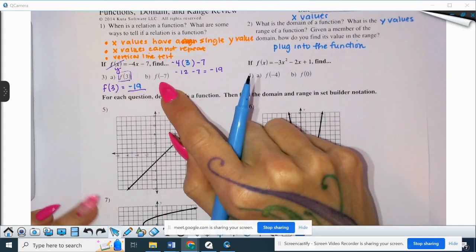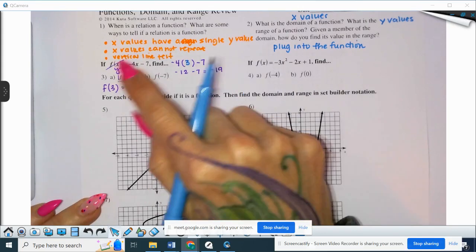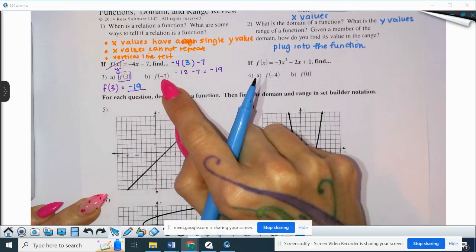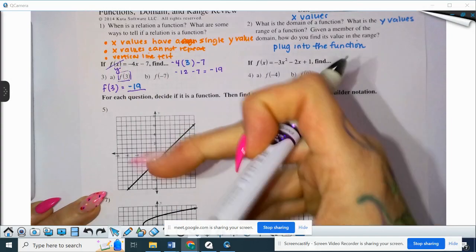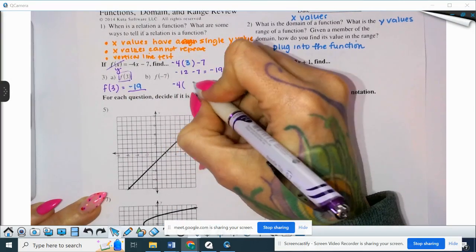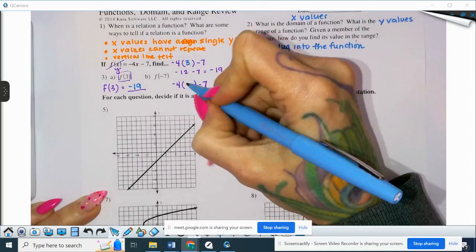So the second one: what is y when x is a negative 7? Again, because it's f of x, and we change the x to a negative 7. So you're going to go right back to your equation, and you're going to plug in that negative 7 in the place of x.